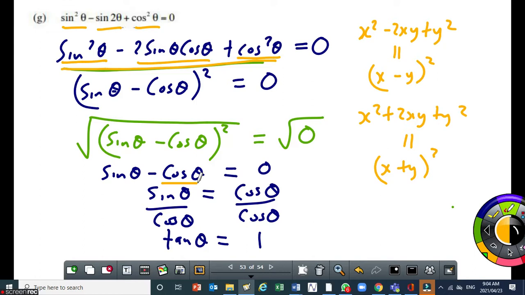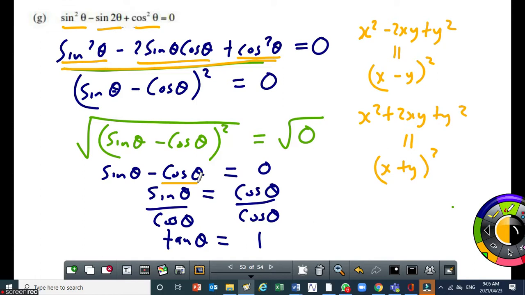So, the double angle identity from grade 11, together with your knowledge of trig equations from grade 11 as well. What I did was I took the minus cos theta to the right.